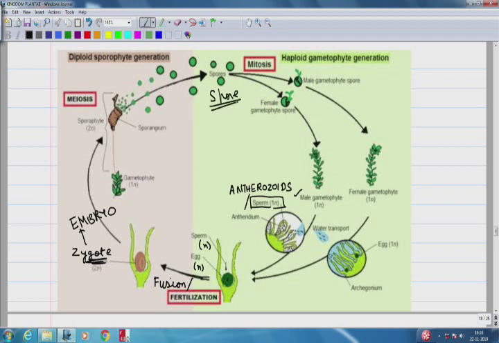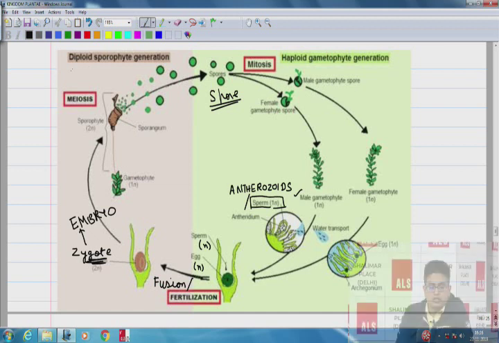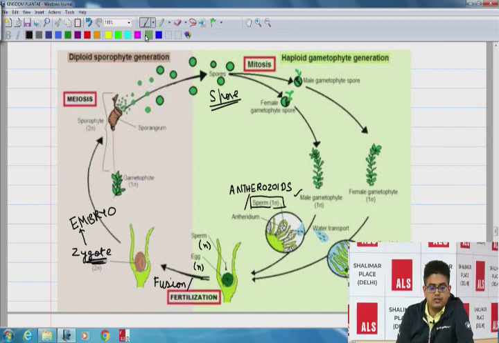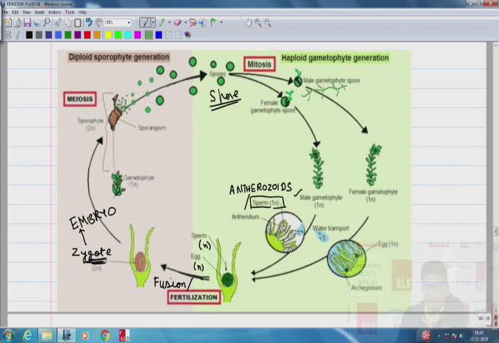The spore germinates on moist ground and produces a green colored filamentous protonema. This is the protonema stage. The spore represents the first cell of the gametophytic generation.